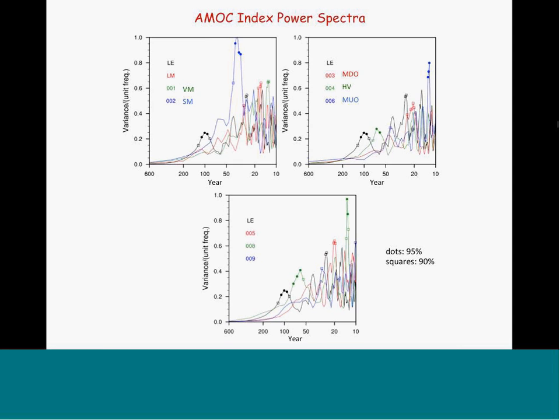But you can see that just by changing simple parameters in the ocean model, which are all loosely constrained, and I can defend all of these parameter choices, you can get substantial differences in variability. Again, I want to point out the SM case, the blue line in the top left panel. You can see huge variance.